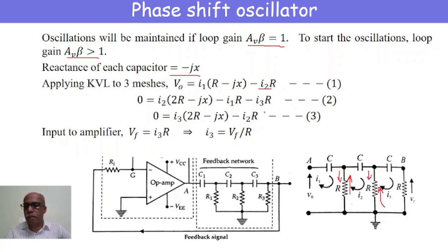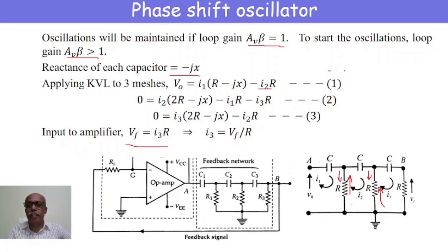Similarly, applying it to the third loop, we get I3 into (R minus jX), I3 into (R plus R, that is 2R minus jX), minus I2R. This is equation 3. And the input to the amplifier is Vf equal to I3 into R, therefore I3 will become equal to Vf by R.